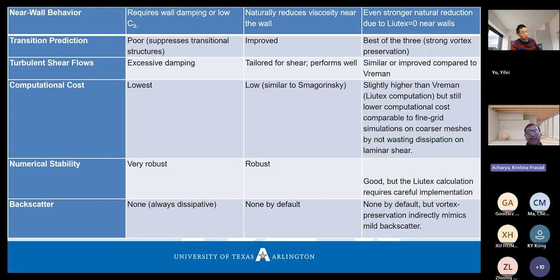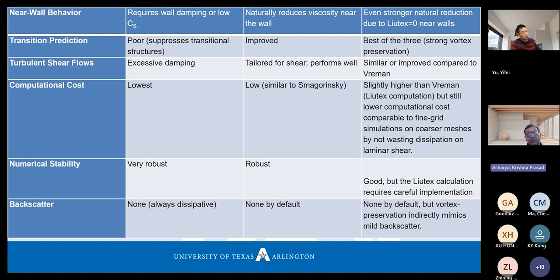Transition prediction: Smagorinsky, poor, suppresses transitional structures. Vreman, it is improved. Modified Vreman or Liutex, best of the three, strong vortex preservation. Turbulent shear flows: Smagorinsky, excessive damping. Vreman, tailored for shear, performs well. Liutex, similar or improved compared to Vreman.